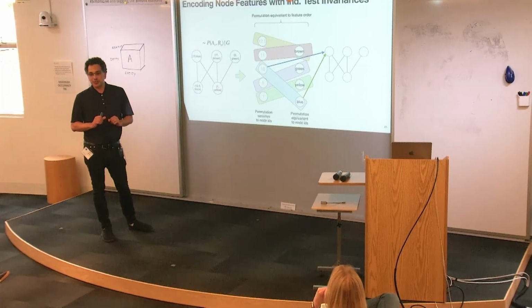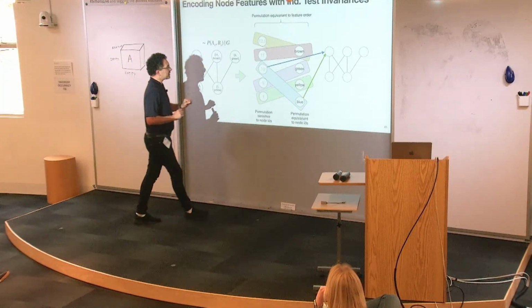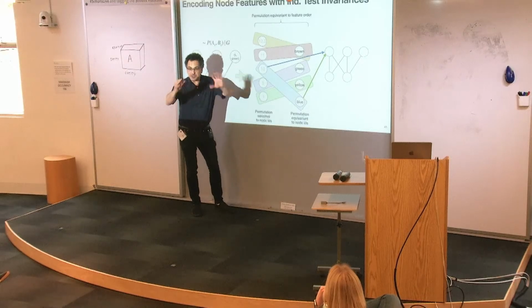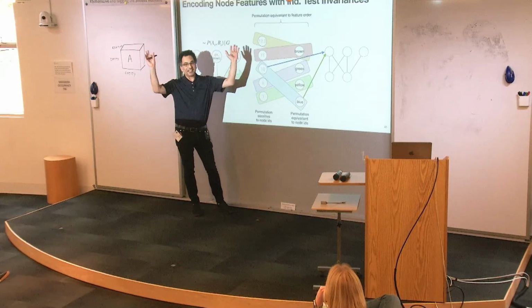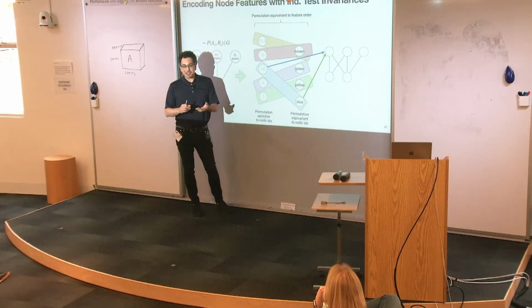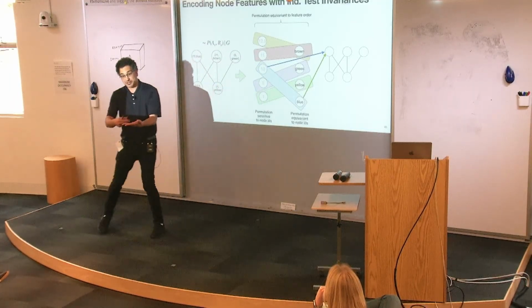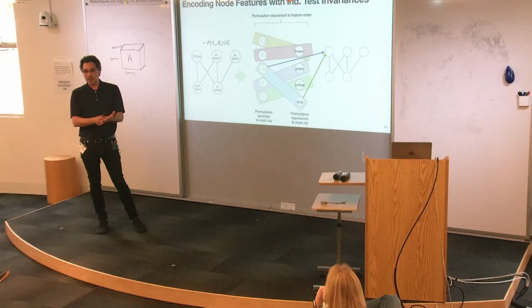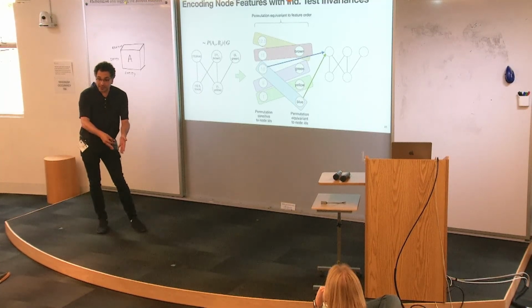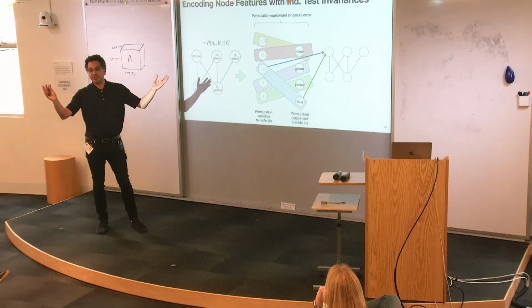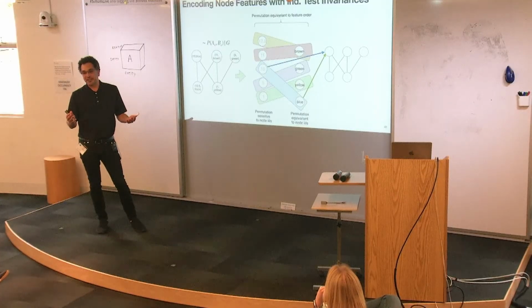So what we did is we just put these things on the neural network and let it learn. Because if you build your function, you have to assume independence. You have to assume something to build a function that makes sense, right? But a neural network doesn't care about any of this. I just put the right invariances that an independence test would have and just let it learn what it needs to learn.